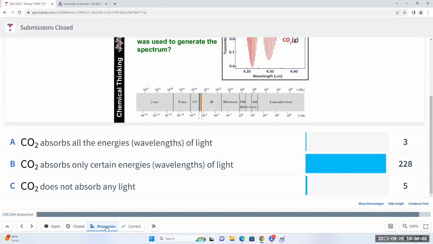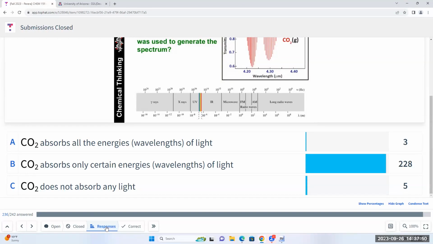Now, here's the thing. Why? Not just carbon dioxide. If you think about any matter, it can be hydrogen, helium, or any atom or any molecule, they absorb and emit only certain wavelengths of light, but not the others.